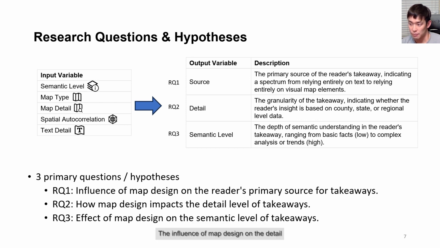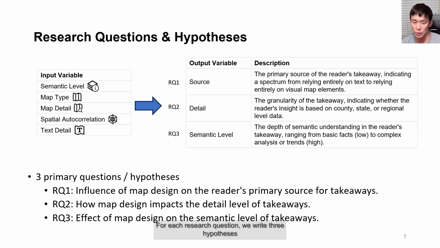The influence of map design on the detail or granularity of takeaways is explored in research question 2. How does the design of the map alter the depth or granularity of the reader's takeaways? Lastly, research question 3 investigates the influence of map design on the semantic level of readers' takeaways. How does the design of the map impact the semantic level at which readers interpret takeaways?